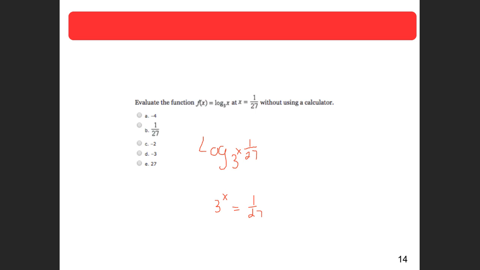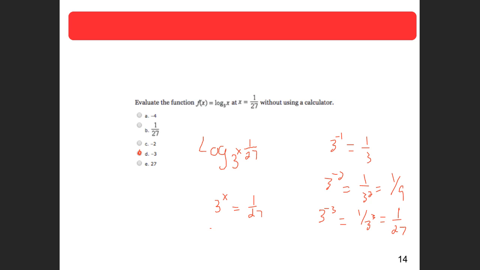Well, in order to get a fraction, we know that has to be a negative exponent, because 3 to the -1 is 1 over 3. 3 to the -2 is 1 over 3 squared, which is 1 over 9. 3 to the -3 is 1 over 3 to the third, which is 1 over 3 times 3 times 3, which is 1 over 27. So my answer, the log base 3 of 1 over 27, is -3.